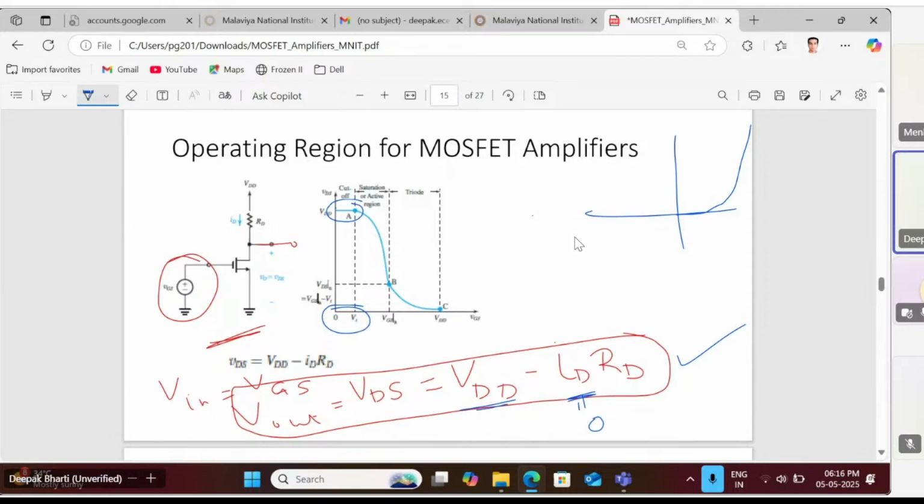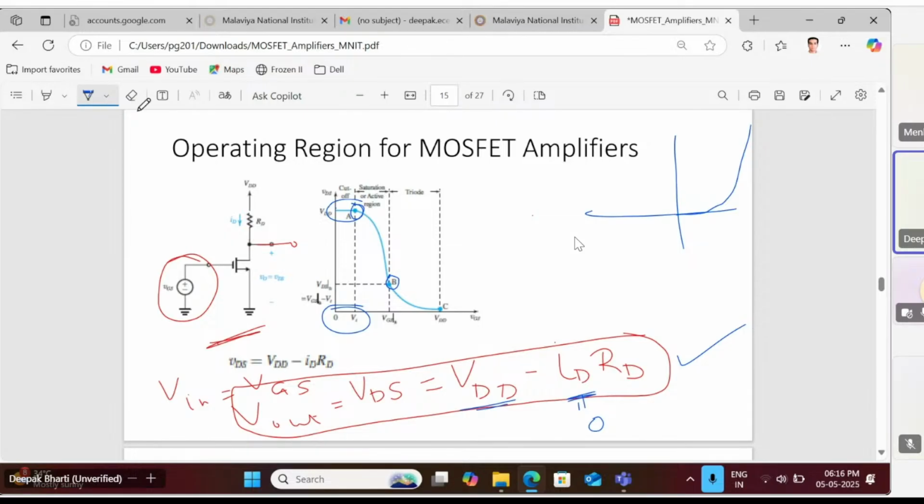You can follow this: V out is equal to VDD minus ID RD. If the drain current is increasing, V out will start to decrease. You can see this particular region from point A to point B. V out is decreasing because ID is increasing, and further it will keep on decreasing.